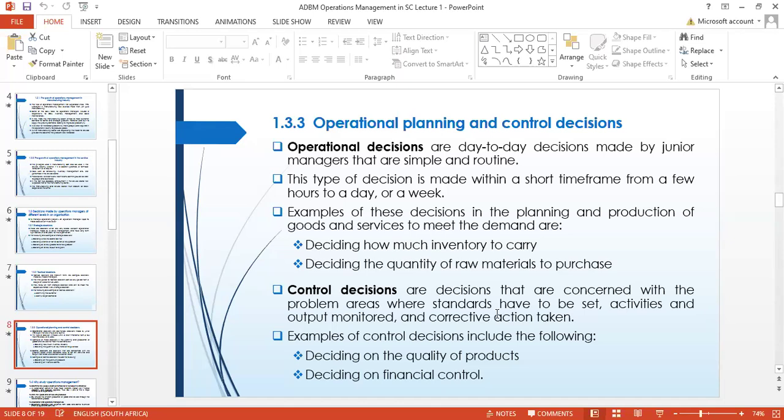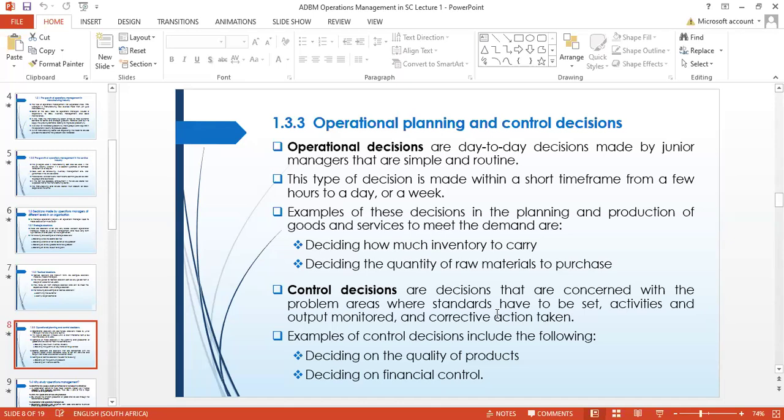They now know the customers. And then the low level now decides how much inventory to carry, depending on the demand. If it's the inventory for finished products, it will be determined by the demand coming from the customers that have been identified by the middle level managers. And also the quantity of raw materials to purchase is the work of the junior managers.